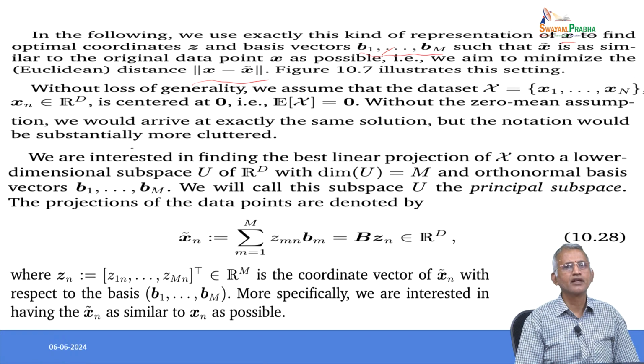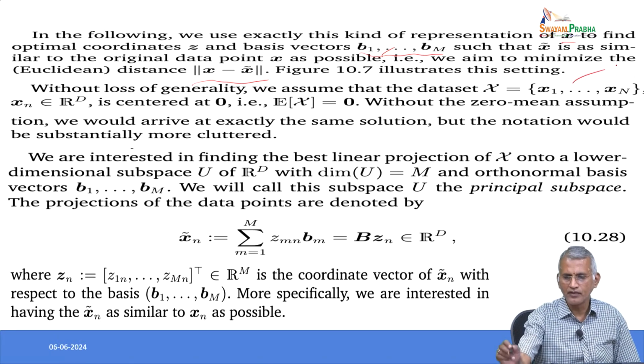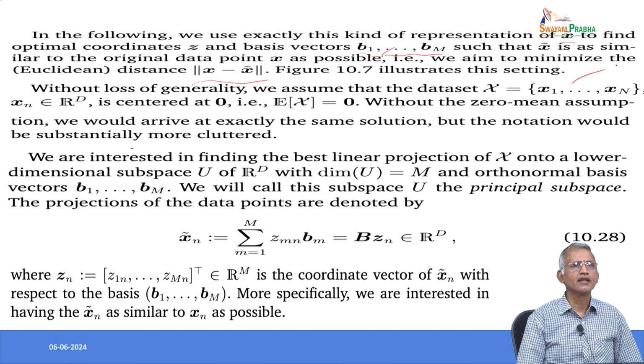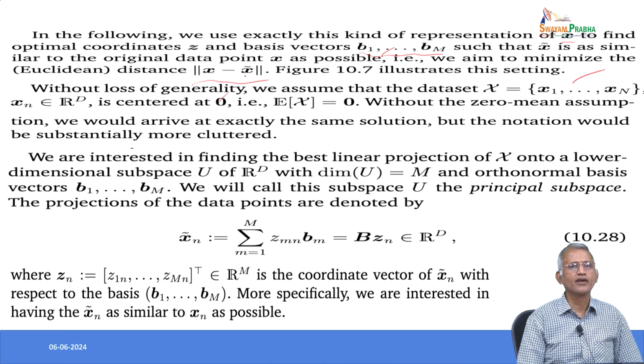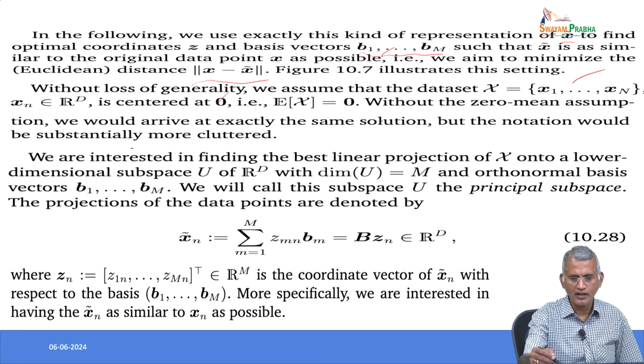The previous figure illustrates the setting. Without loss of generality, we assume the set of N vectors xn belonging to R power D is centered at the origin, and the expectation of x is 0. Without the zero mean assumption, we would arrive at exactly the same solution, but the notation would be substantially more cluttered.